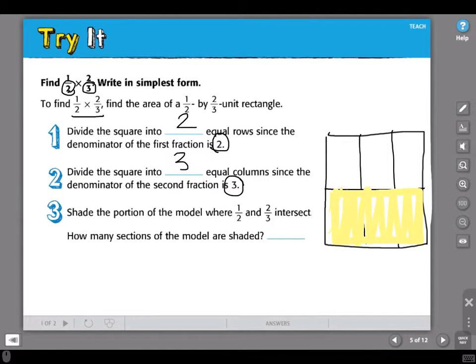And I am going to next shade 2 of my thirds. Here's 1, 2/3. Now I can look and see how many sections got shaded. I have 2 sections that were shaded by both colors.